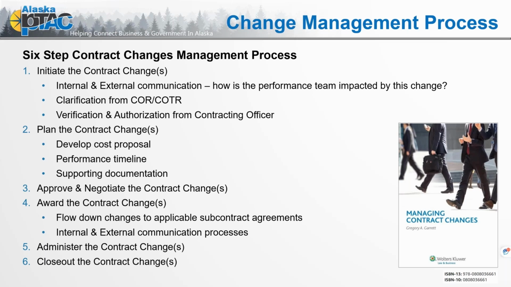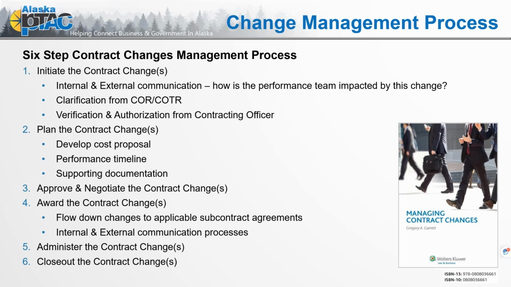Because if they're the one that is saying, make this change, you want to make sure that you have that direction from them in writing, because that is what you're going to use to substantiate your request to the contracting officer. So if you get a verbal direction, you want to follow up with a text or an email, some way that you have that they can then say, yes, that is what I said, or no, that's not what I said. And then again, you need that verification authorization from the contracting officer.